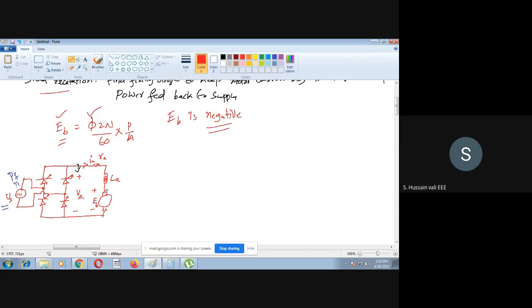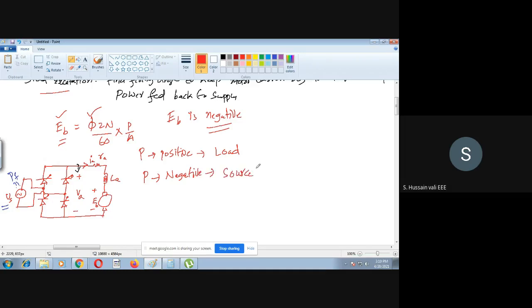If the power is going back, generally you might know this polarity: whenever the power is positive, the element acts as a load. This you might have studied in circuits also. Whenever the power of any element is negative, it acts as a source.